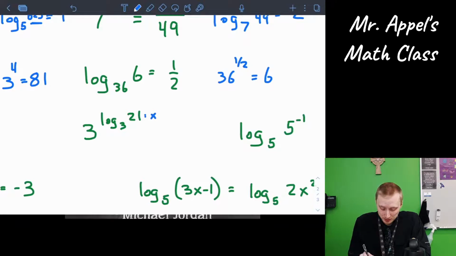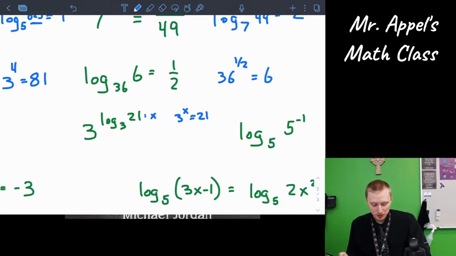Well, we can rewrite this. This is actually saying 3 to the x equals 21. Whatever this log base 3 of 21 is, call it x. This will be equal to 3 to our x.